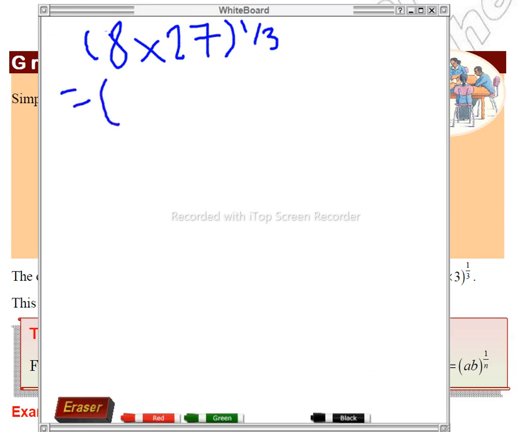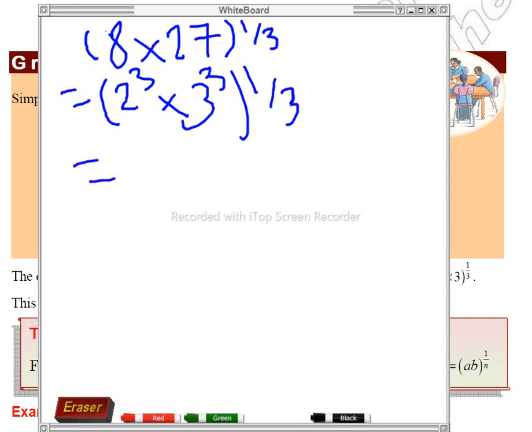As we know, 8 means 2 to the power of 3, times 27 means 3 to the power of 3, and when we rewrite this, we get this, and again we can write this in the bracket 2 times 3.